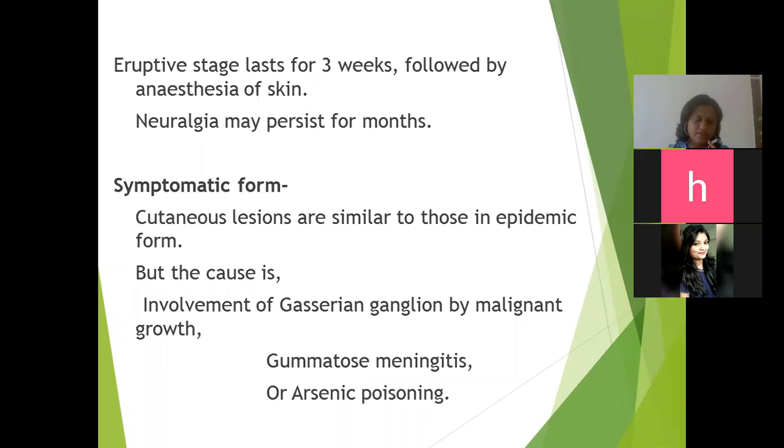So, in stage 1, the lid becomes red, edematous, with vesicular eruption; in the conjunctiva, acute mucopurulent conjunctivitis; and in the sclera, we can see episcleritis and scleritis. In the cornea, there is punctate epithelial keratitis, then microdendritis, that is small, fine, multiple dendritic or stellate lesions.